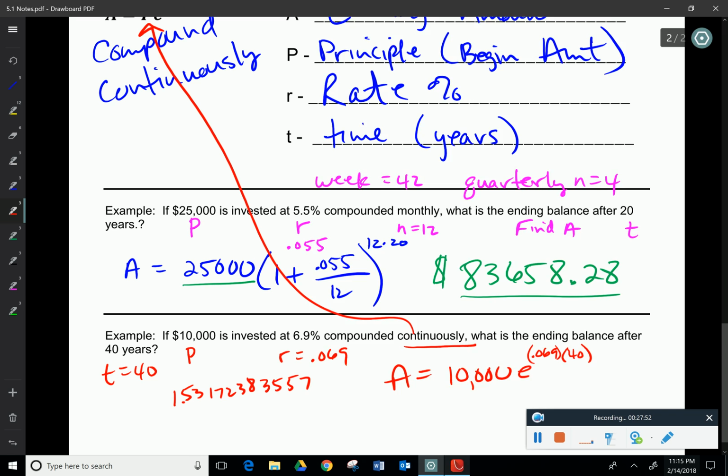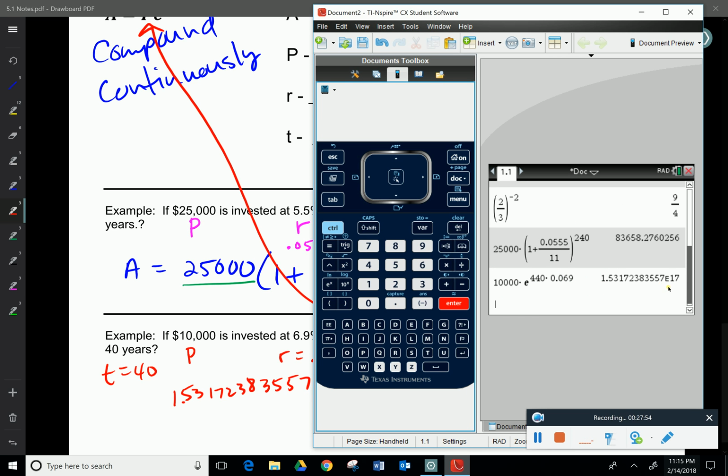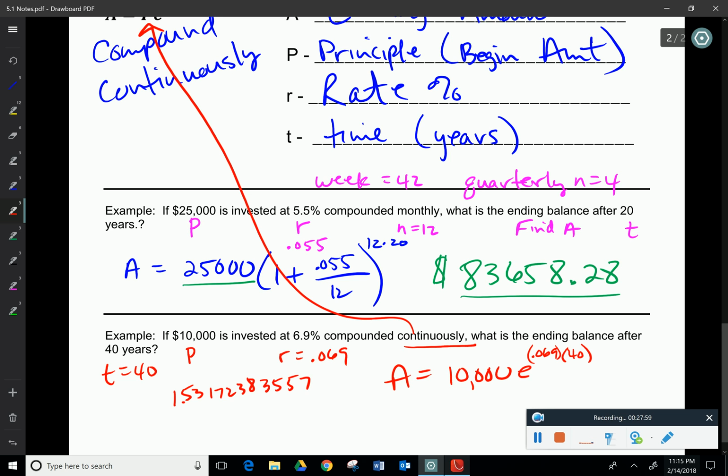I moved it 11 places, and because this said e to the 17th, if I've moved it 11 places, then technically I need to move it 6 more places. So that's like adding on 6 more zeros to this. So if I add on 6 more zeros, 1, 2, 3, 4, 5, 6. I mean, think about how much money. There I am, hundreds, thousands, millions, billions, trillions, quadrillions. So this is 153 quadrillion dollars.